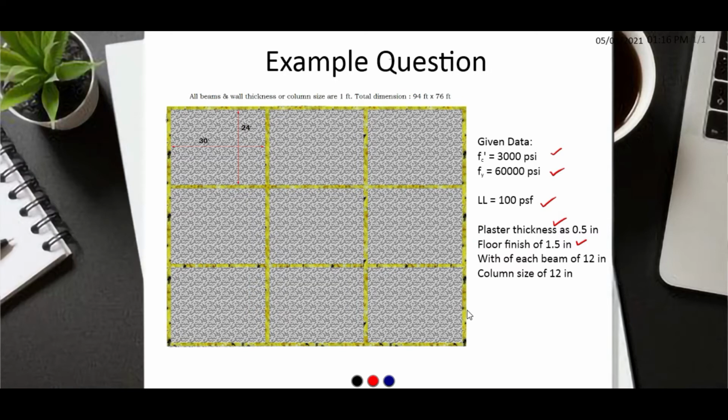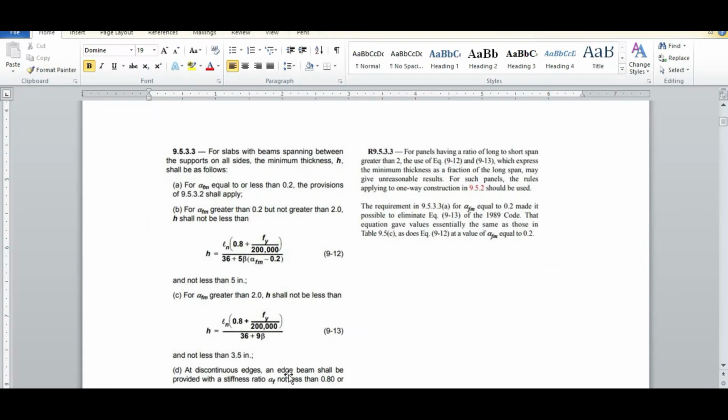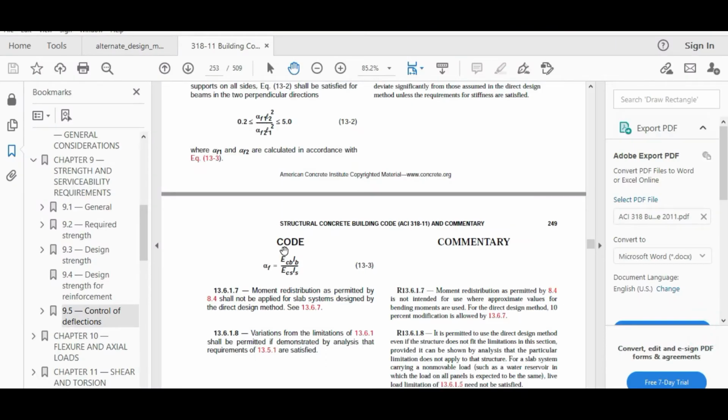So let's proceed. What should be our first step? This is our first step: calculation of minimum thickness of slab. How do we determine this? Using these conditions given in the ACI 318. And what is alpha F?